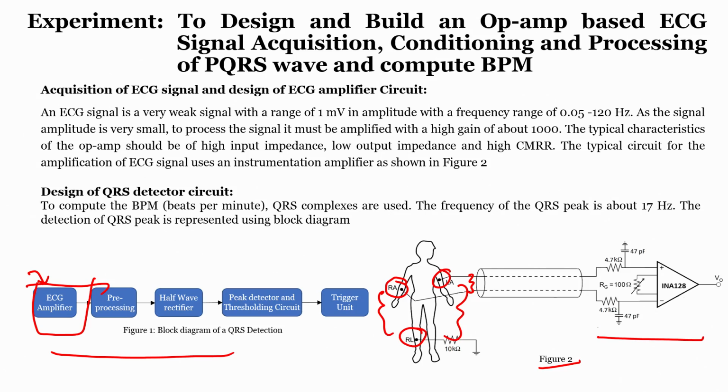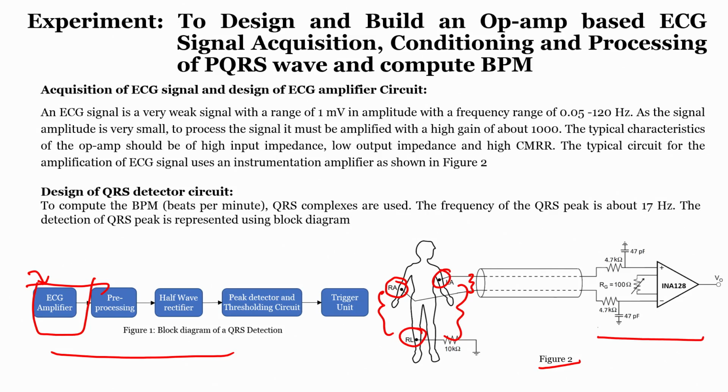Whereas in a differential amplifier, the input has to be directly connected to a resistor, and its value decides the complete impedance of the system. As a result, the input impedance of the differential amplifier is really poor. So, we cannot go with a differential amplifier. That is why we are going with an instrumentation amplifier because of these advantages.